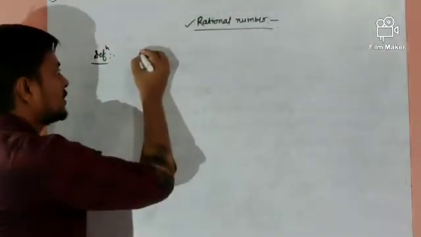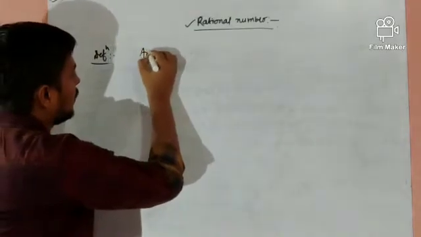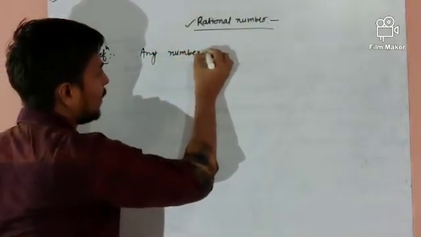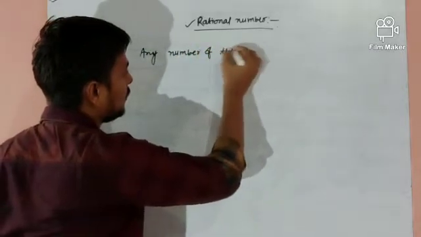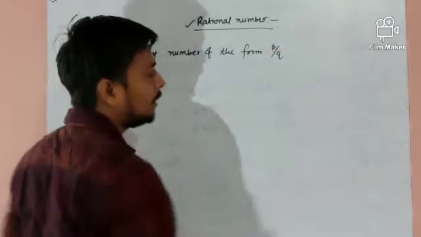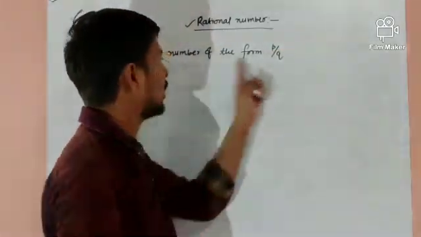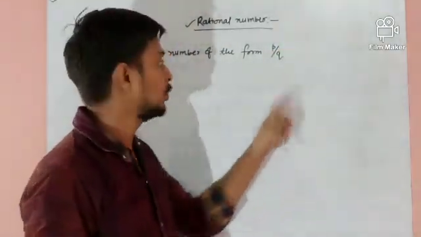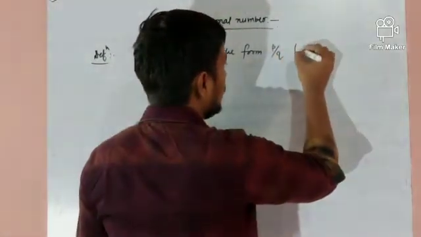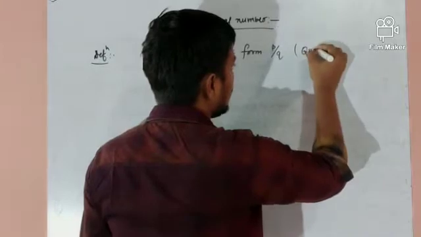So the definition will be: any number of the form p upon q. P upon q means in the quotient form.